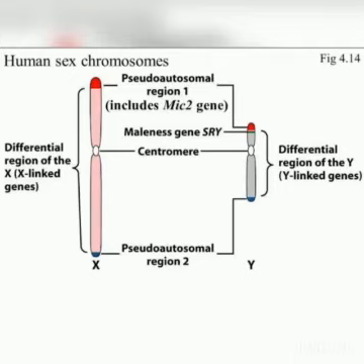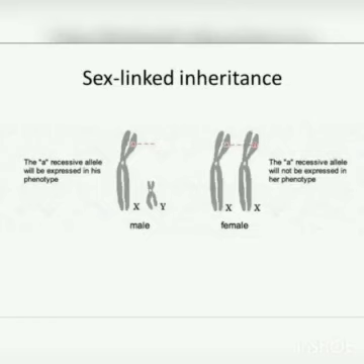The X-linked genes have no corresponding alleles in the Y chromosome. The genes present in the differential region of the Y chromosome are called Y-linked genes or holandric genes. The Y-linked genes have no corresponding allele in the X chromosome. The Y-linked genes are inherited along with the Y chromosome and they phenotypically express only in the male sex.